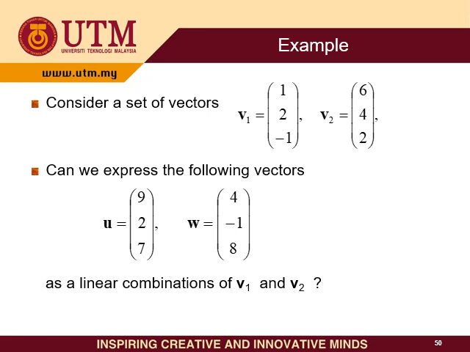Okay, for example, consider a set of vectors. We have 2, V1 and V2. Can we express the following vectors, U and V, as a linear combination of V1 and V2?